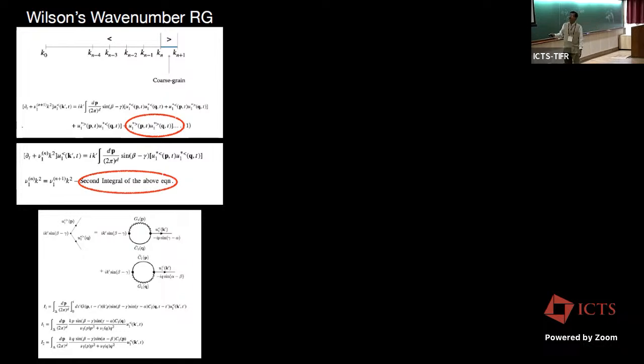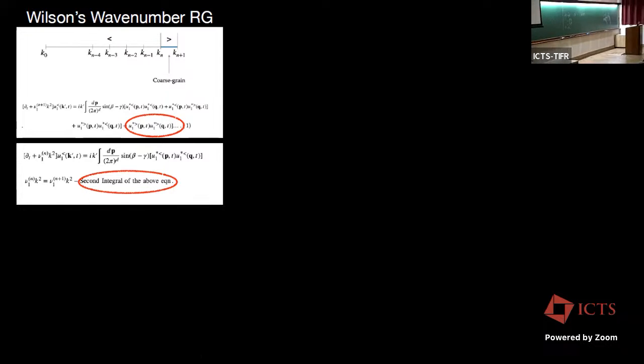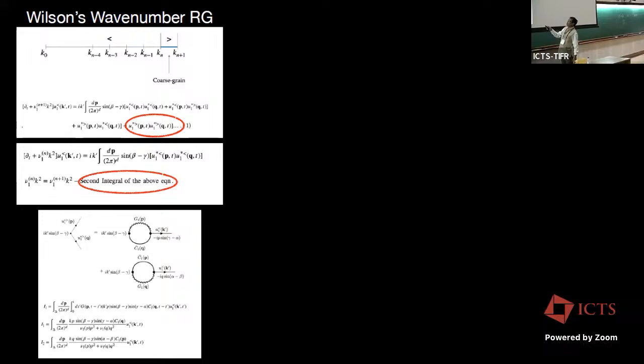But to higher order, I expand it using Green's function. For this velocity field, I'm going to write down the Green's function and use it. So basically I write the equation for UK after this, and that will have the Green's function and two more u's.